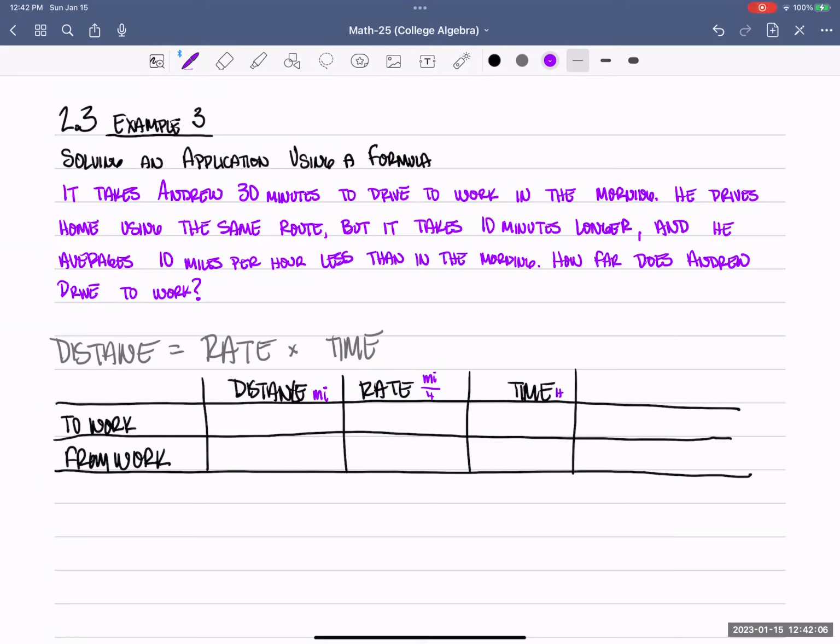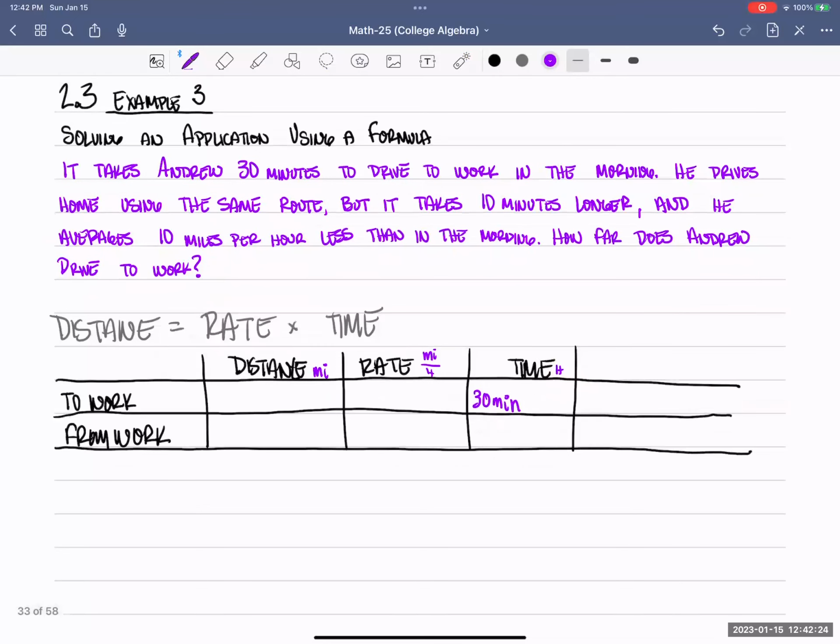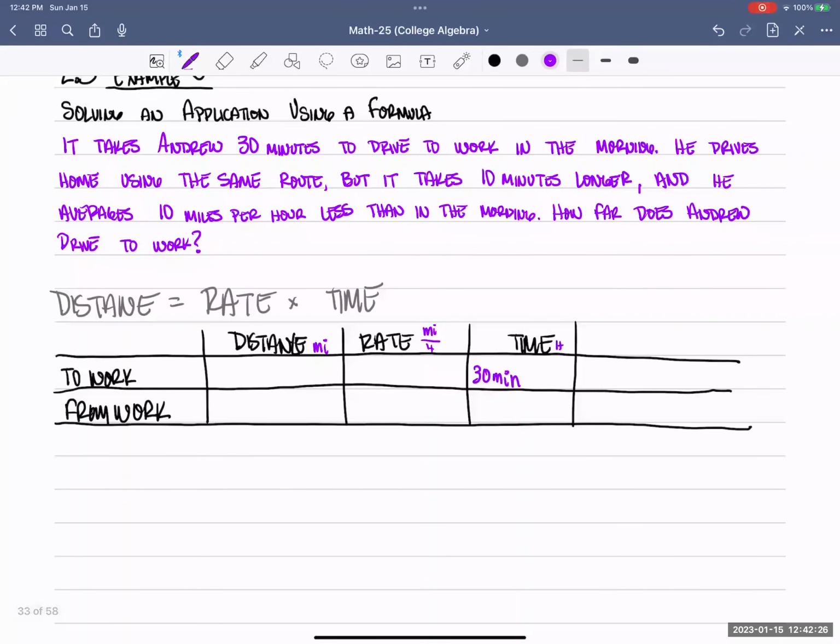All right, let's start with the first part. It takes Andrew 30 minutes to drive to work, but we need that to be in hours. Actually, erase that part because we shouldn't have the 30 minutes. Let's convert minutes to hours.